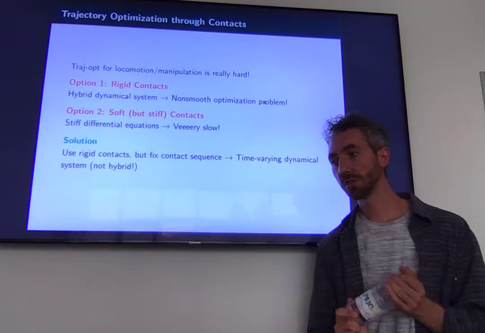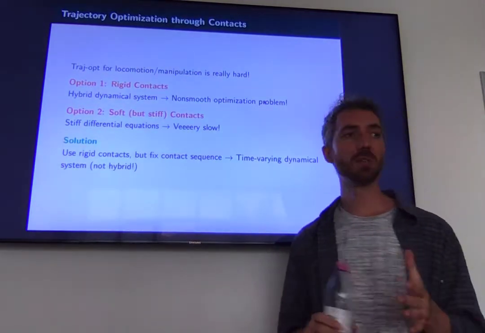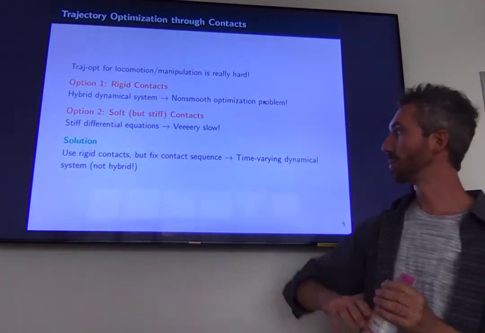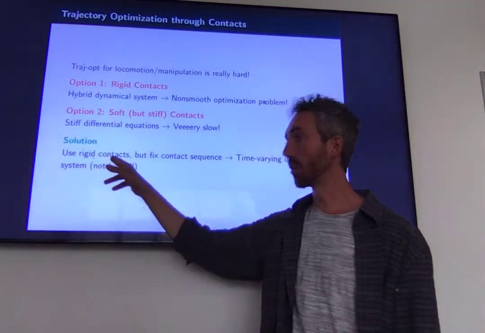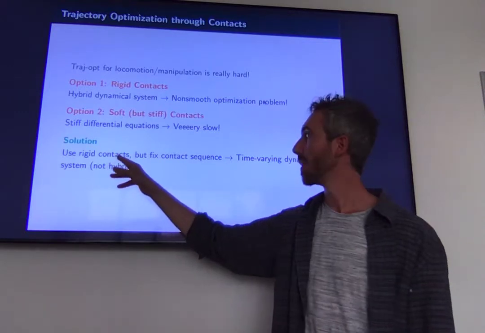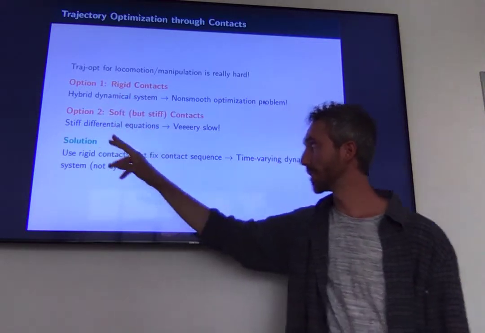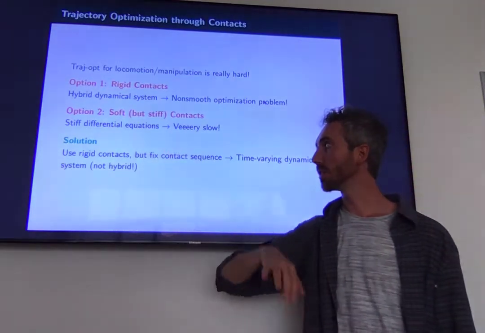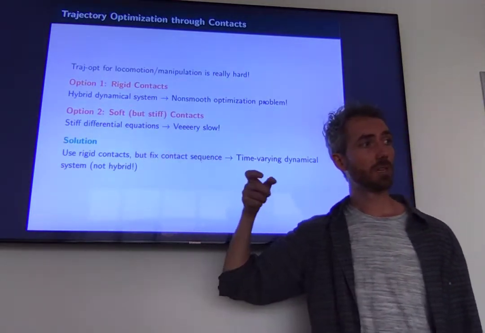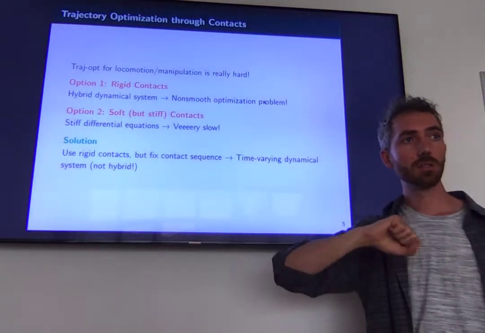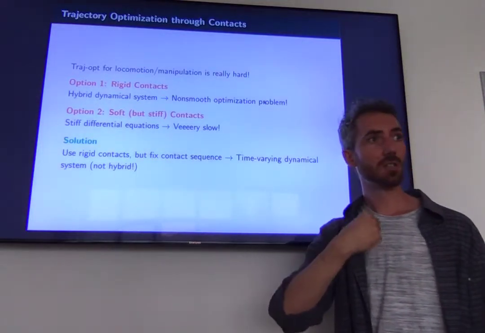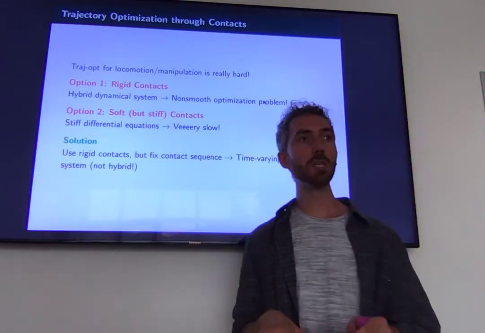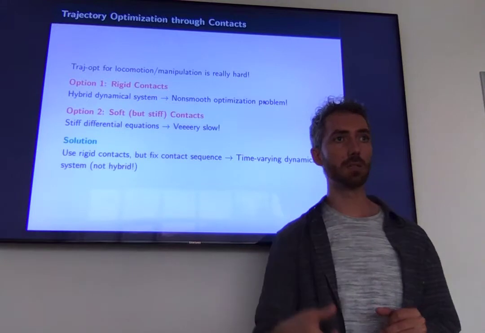So the solution that works best nowadays in robotics is this: we use rigid contacts for modeling, but we don't want a hybrid dynamical system. So what we do is fix a priori the contact sequence. The user decides beforehand what is the sequence of contacts that the robot should make.